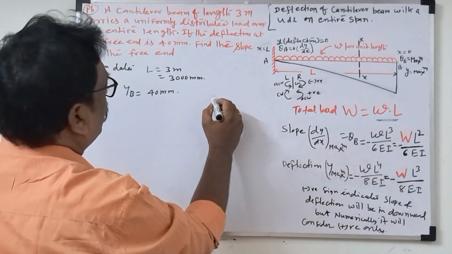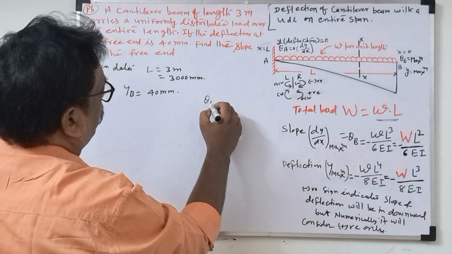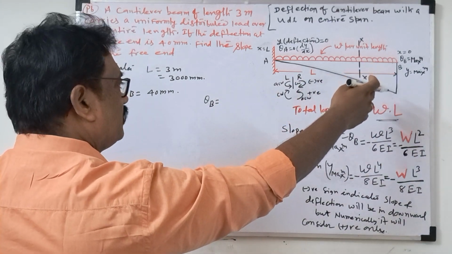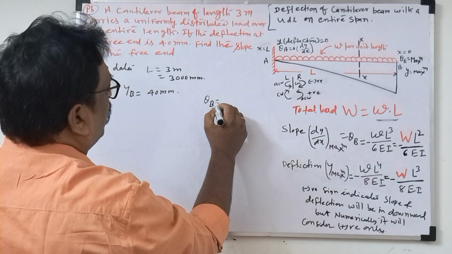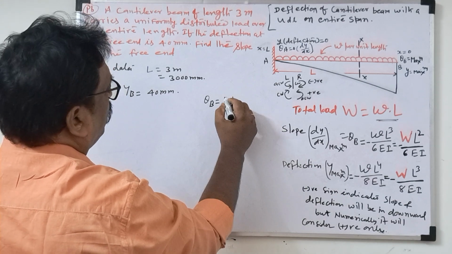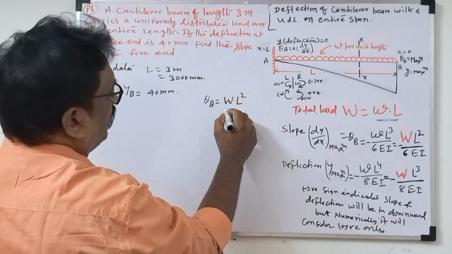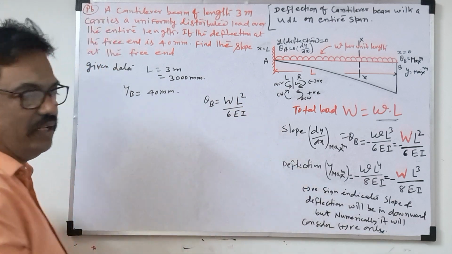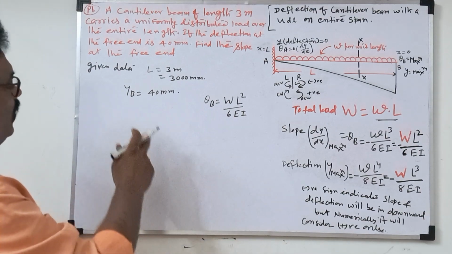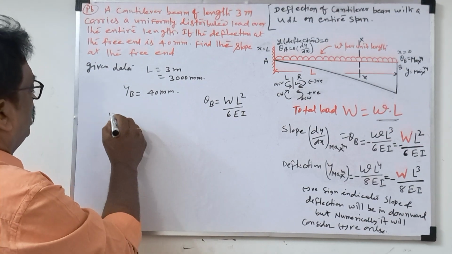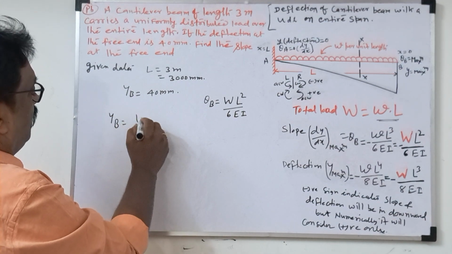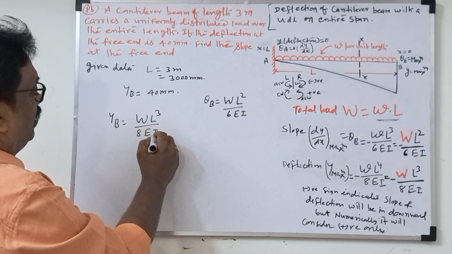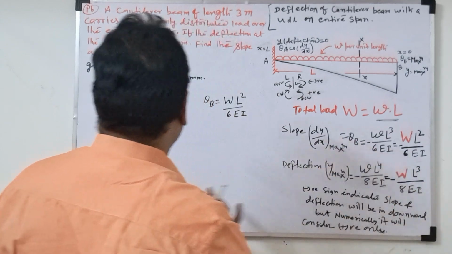So what is the slope here? The slope formula is theta B, because the B side is where the deflection is. The slope at B formula will be W L square by 6EI. This formula we know because we did the derivation. Now, the deflection is given. The deflection formula is W L cube by 8EI.